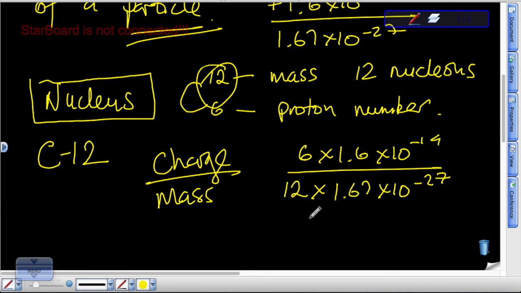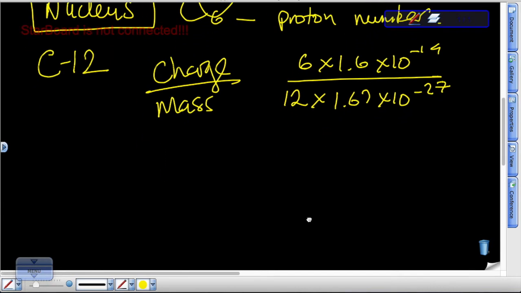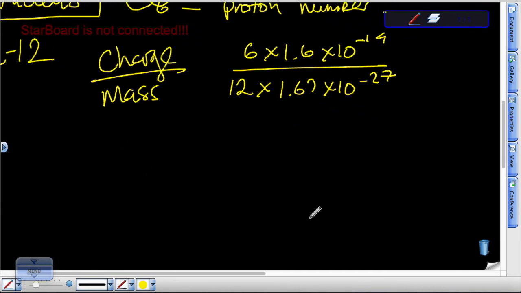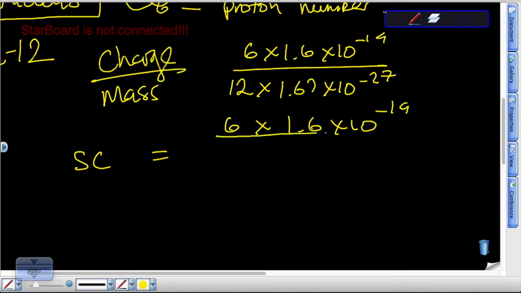Now, sometimes they'll say a certain isotope has a given specific charge. So it may give you the value of the specific charge and tell you it's an isotope of, say, carbon again. Then you know that an isotope always has the same number of protons, so this is always the same value on the top.